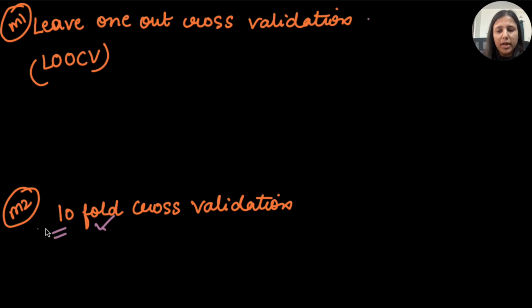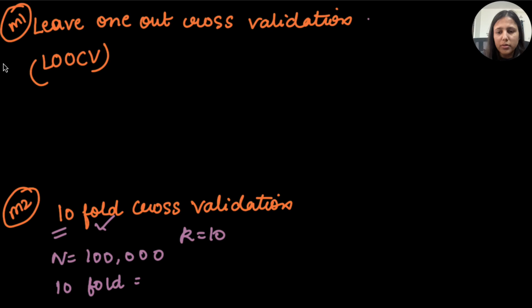Here n is equal to 100,000, and you want to do 10-fold cross validation, so k is equal to 10.